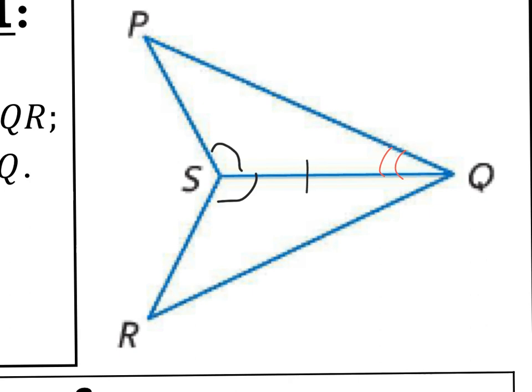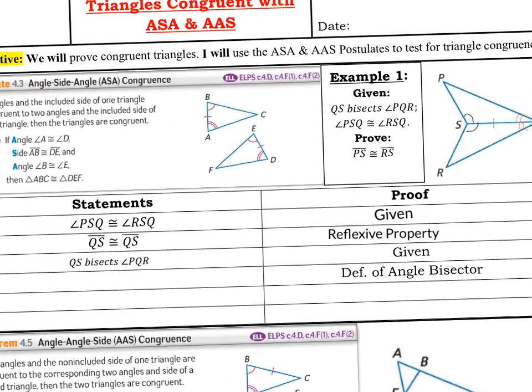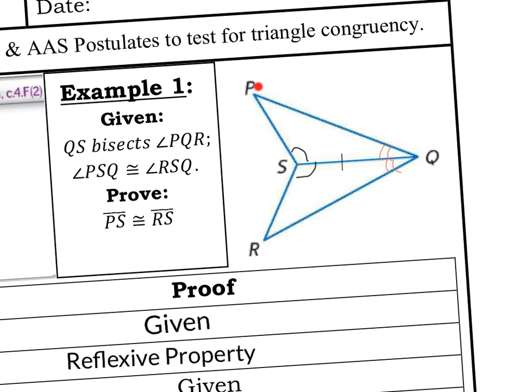So that means this little angle segment is going to be congruent to this angle segment because it cut in half the angle of PQR. Okay, so we now know that angle PQS is congruent to angle RQS because of the definition of an angle bisector. So you can see that here I wrote definition of an angle bisector. So we'll just say angle PQS is congruent to angle RQS.